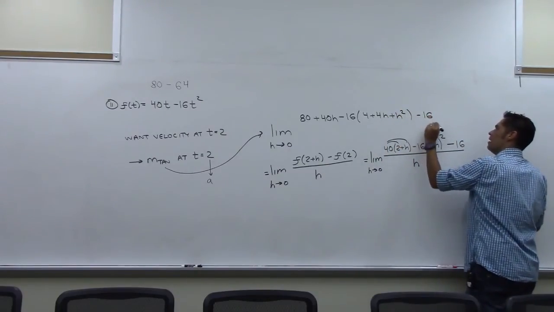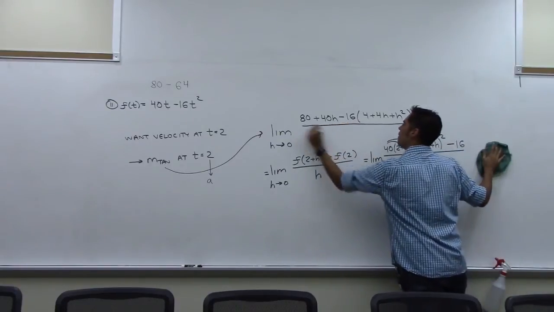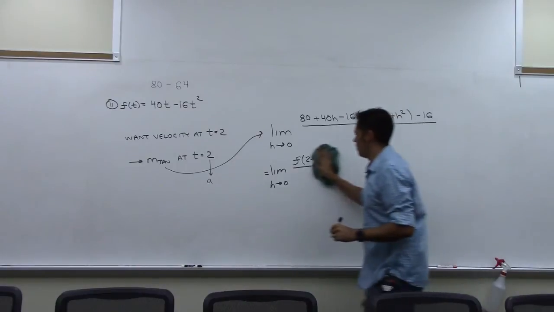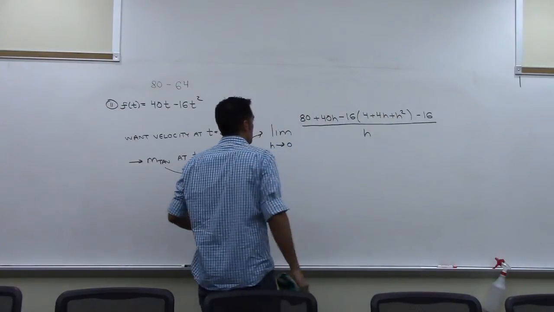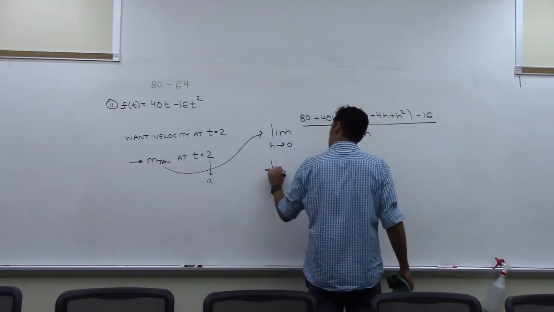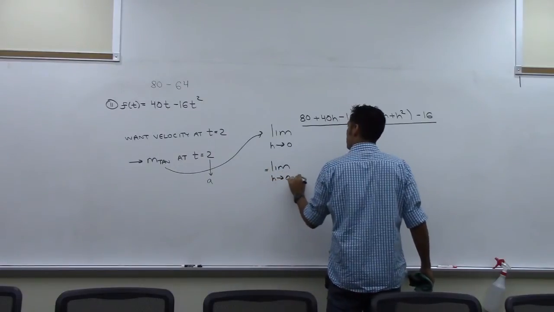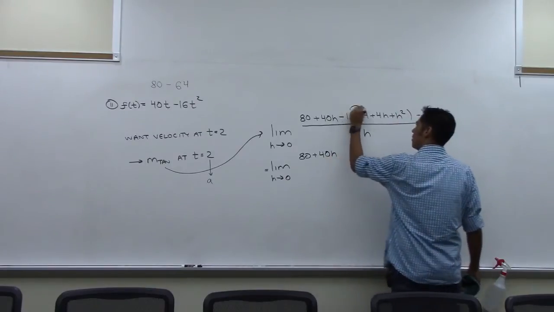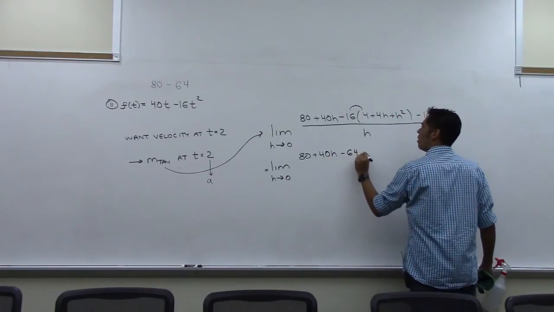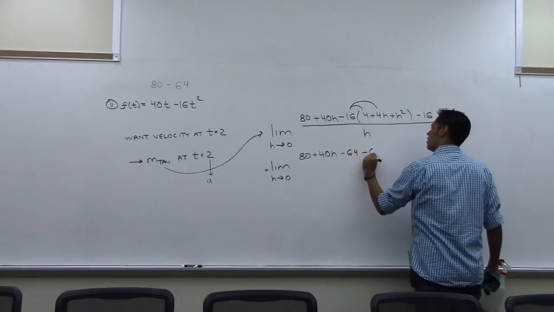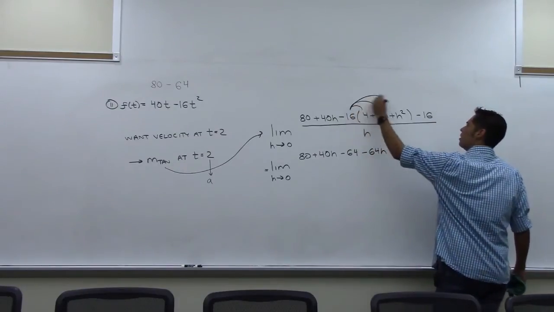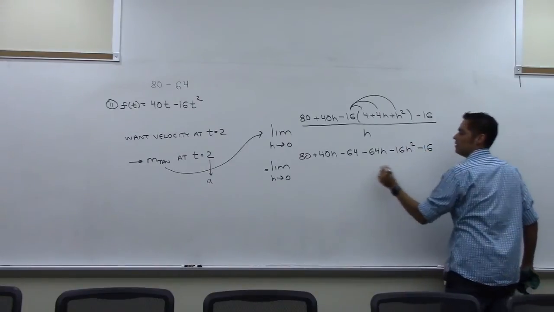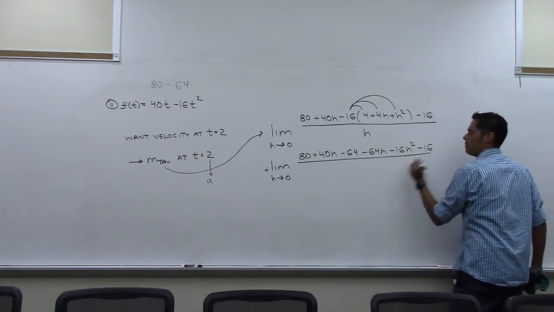Minus 16, all of this over h. Equals limit as h goes to 0 of 80 plus 40h. Distribute through here, minus 64, minus 64h, minus 16h squared, then minus 16, then all over h.